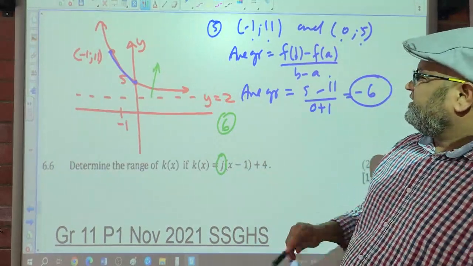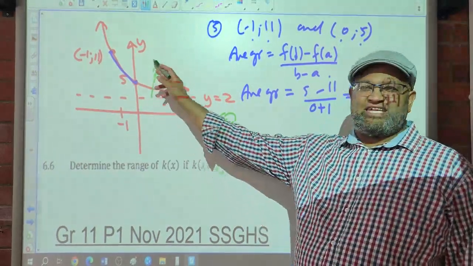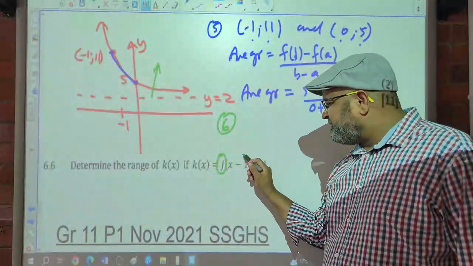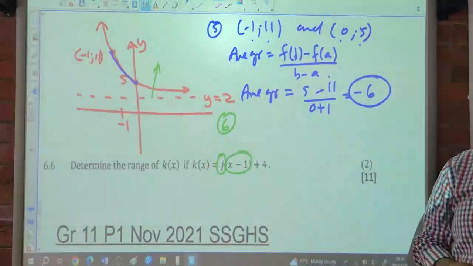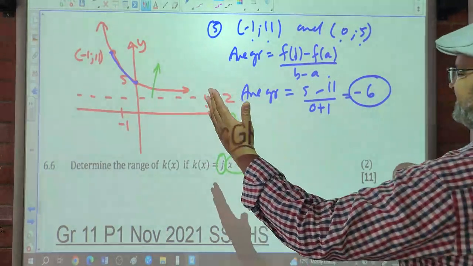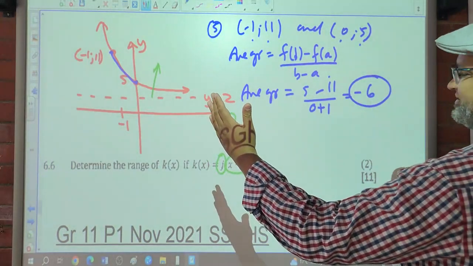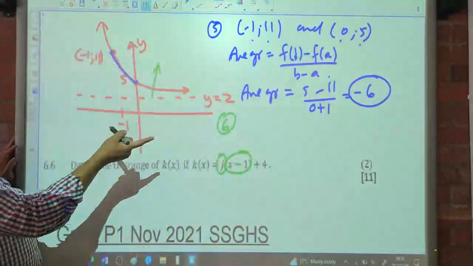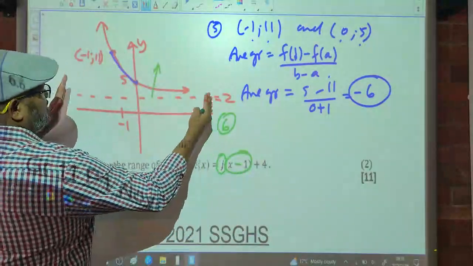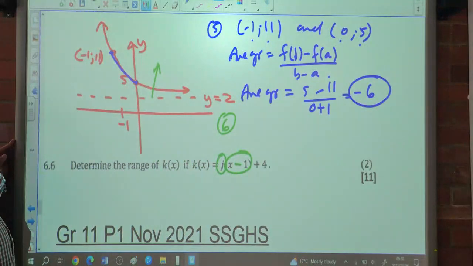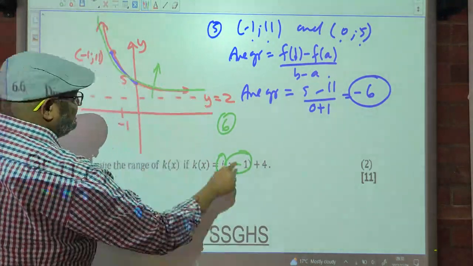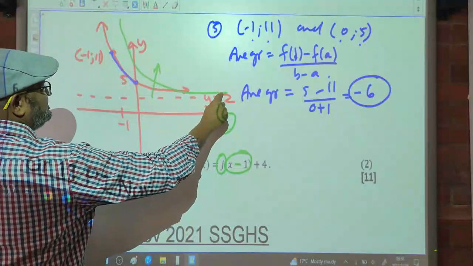So in other words, j of x's range is y is greater than 2. However, what effect does minus 1 have on this graph? It shifts the graph 1 unit to the right, yes. Because it's negative, it moves 1 unit to the right. If it had been positive, we'd move 1 unit to the left. So if this graph moves 1 unit to the right, that's how the graph is going to look.